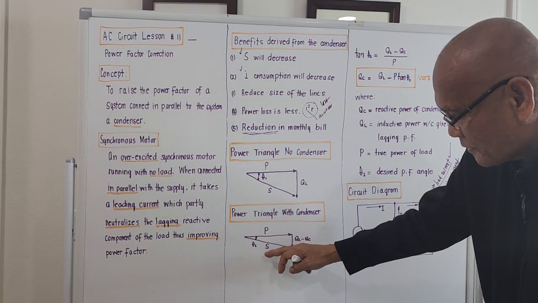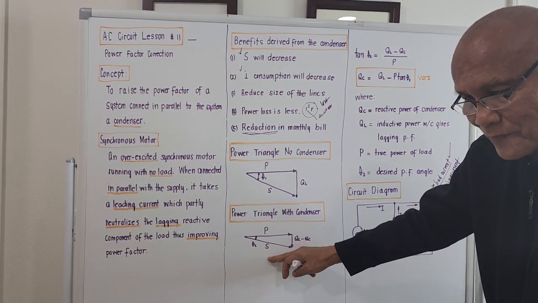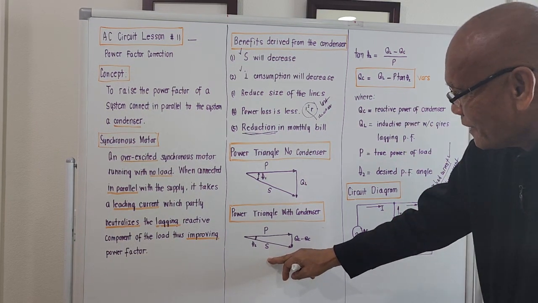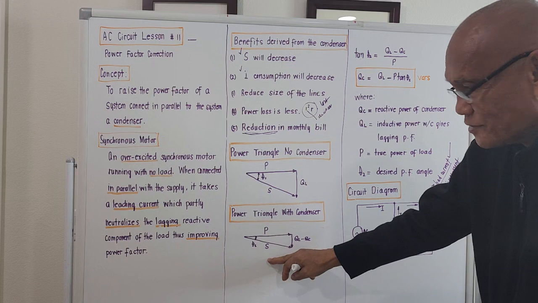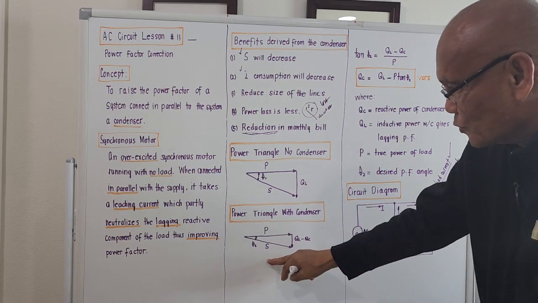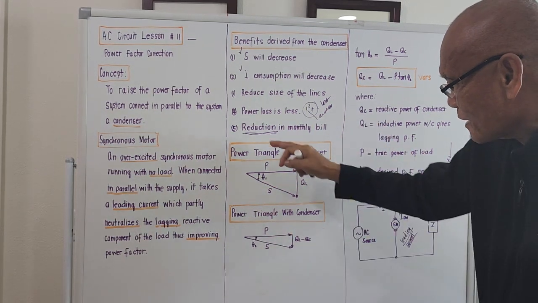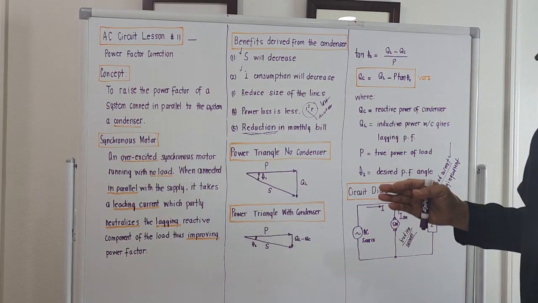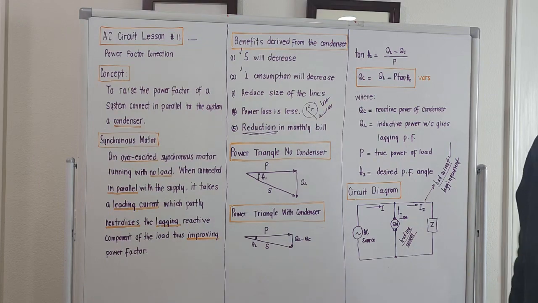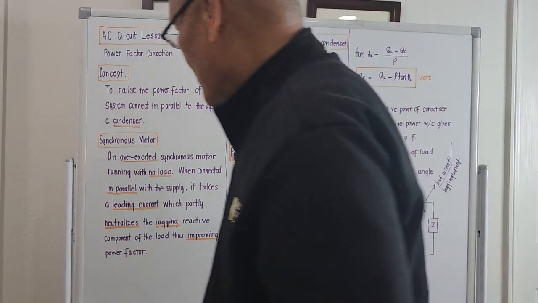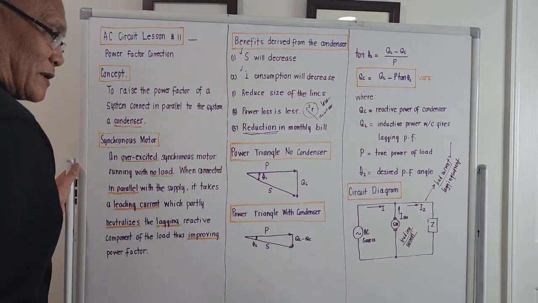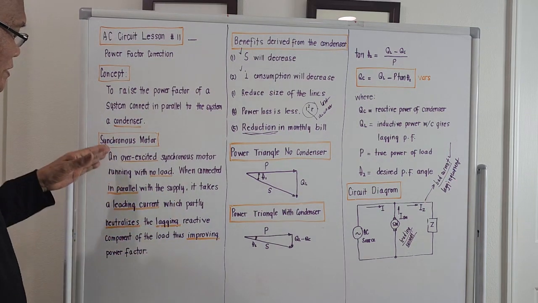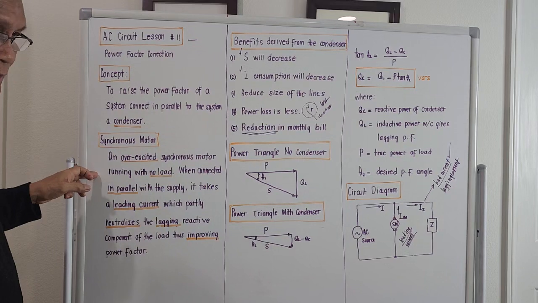So the total apparent power drawn by the system will be less, the current will be less, the wire size will be less, the power loss will be less, so there will be a reduction in the monthly bill. And this helps ordinary households like us. That's the importance of power factor correction using a synchronous motor.